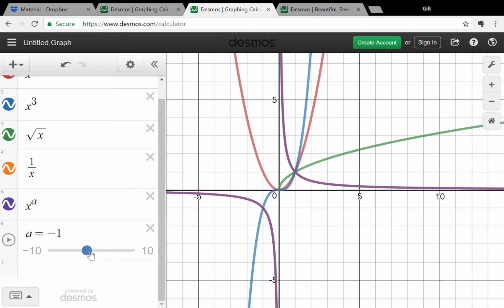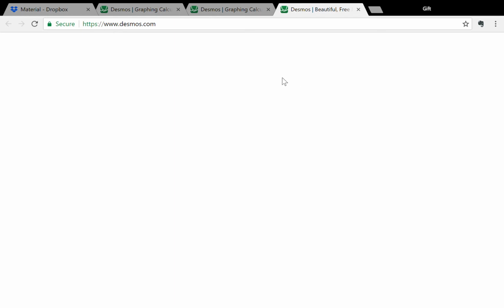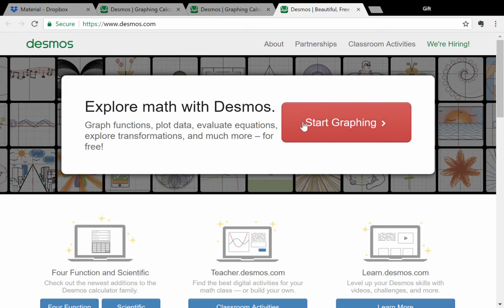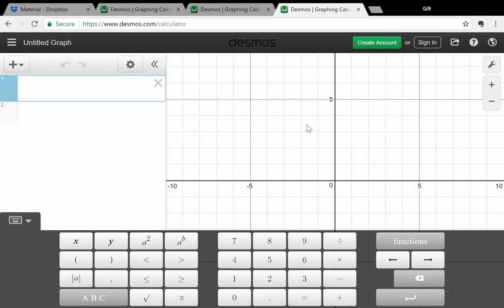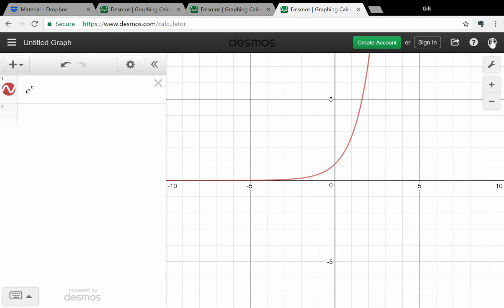So that's my next example. The last one deals with exponential functions. Okay, e to the x is your typical exponential function, so it looks like that.